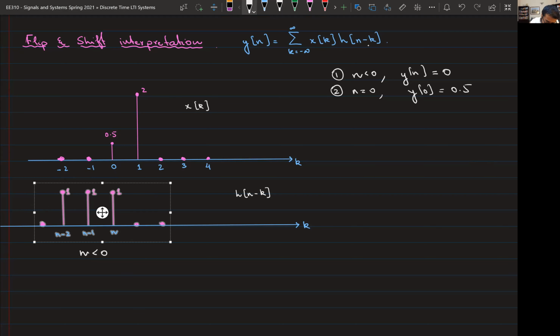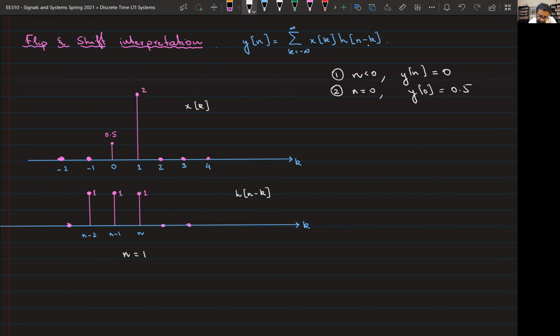Right, so this corresponds to n equals 1 now. So what is the signal at n equals 1? What is going to turn out to be equal to 2.5? Excellent, right?